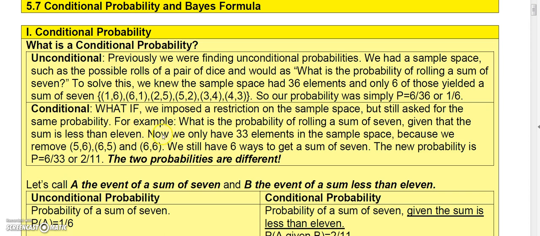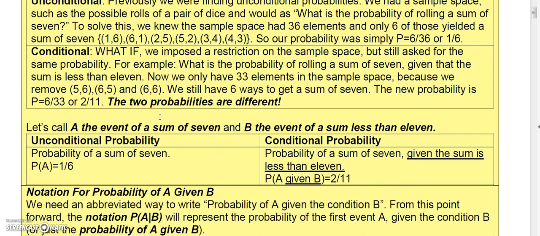Now we have only 33 elements in the sample space because we removed the 5,6, the 6,5, and the 6,6. So we still have 6 ways to get a sum of 7, but the new probability would be 6 out of 33, which reduces to 2 out of 11. Notice that the probability is now different because I placed a condition on it.